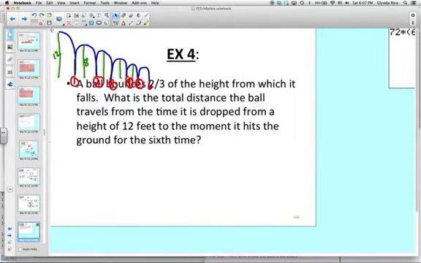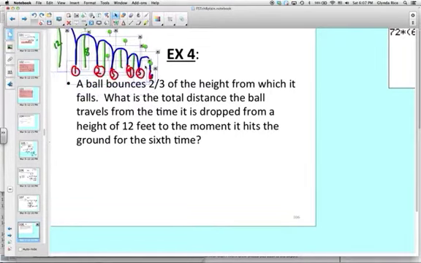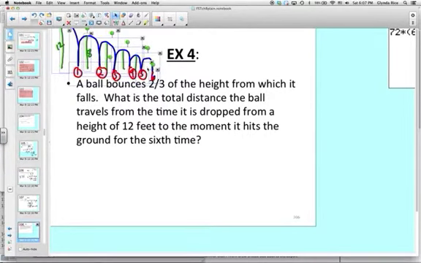Let me move all these up a little bit. Okay, so by the time it hits the ground, now let's get kind of in our minds a general way for dealing with these because we're going to deal with a lot of them. The total distance the ball travels from the time it's dropped to the moment it hits the ground for the 6th time. So notice, how many terms do we have here?